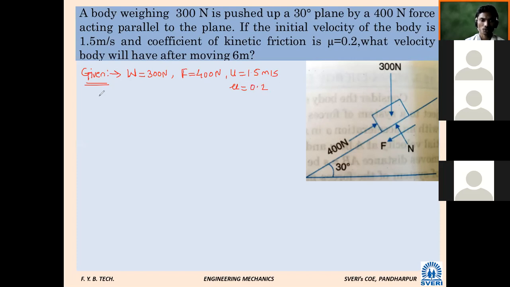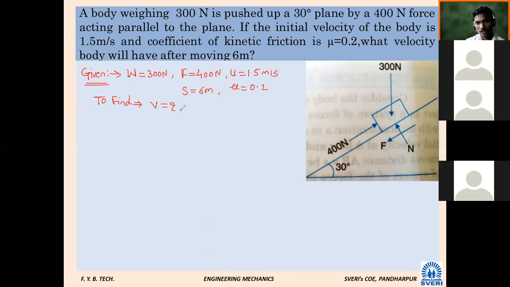And what are we supposed to find? Again, one thing is given, one is missing. S is given. And to find, we are supposed to find V, the final velocity. So force is given, S is given, U is there, W is also given.